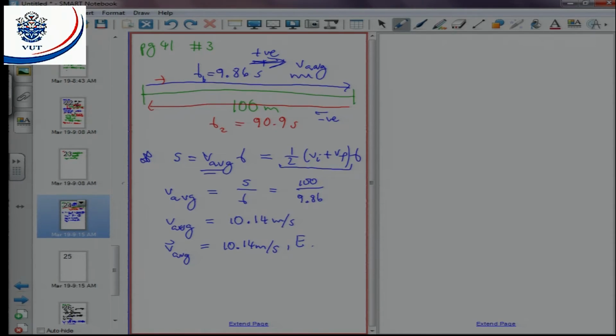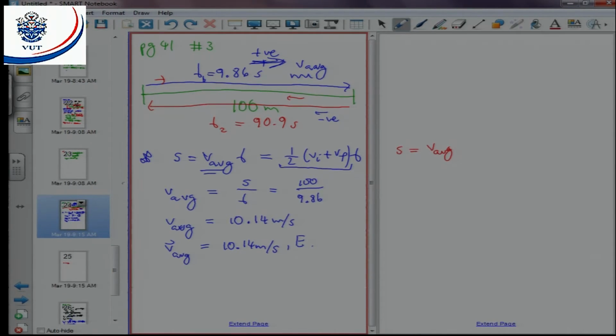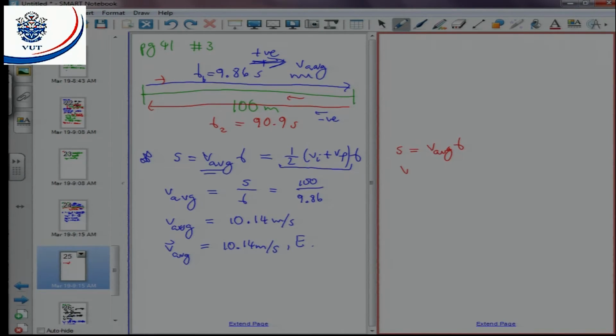Okay, and then now he goes back and he walks. So for walking back, we have S is equals to V average again, so that's the red trip going back, times T, and that means the average speed is equals to S over T, and S is the same, so 100 meters, and the time it takes now is 90.9 seconds.